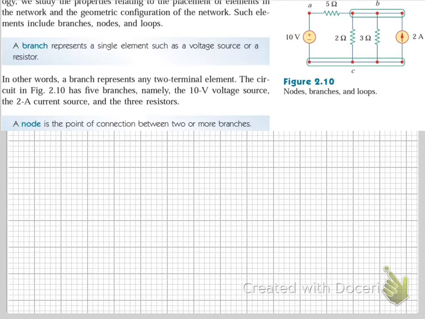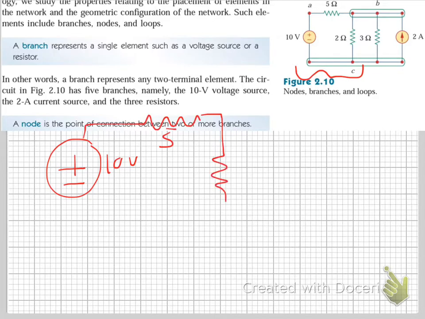So, let us concentrate on the loop that has our voltage source here, right? I'm gonna redraw that. That's a 10V. That's a 5. That's a 2. Right.